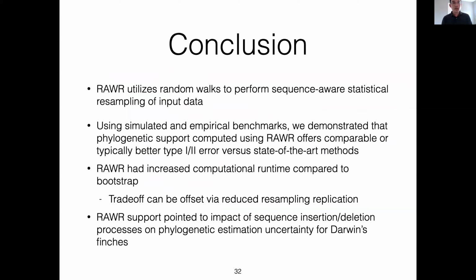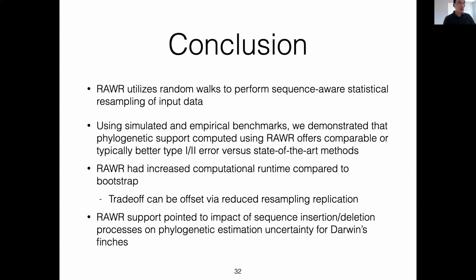In conclusion, today what I've introduced to you is a new method referred to as RAWR, which consists of random walks for performing sequence-aware statistical resampling of input data. We evaluated the use of RAWR for phylogenetic support estimation and assessed the performance thereof using simulated and empirical benchmarks. In our performance study, we found that RAWR offers comparable or typically better type 1 and type 2 error for its support estimates versus state-of-the-art methods.